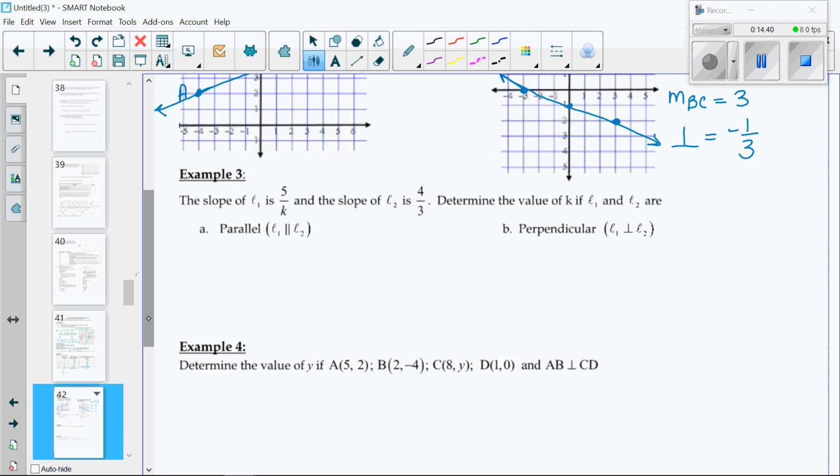Okay, if the slope of L1, so line 1, is 5 over k, and the slope of L2 is 4 over 3, determine the value of k if line 1 and line 2 are parallel. Well, if they are parallel, their slopes must be equal.